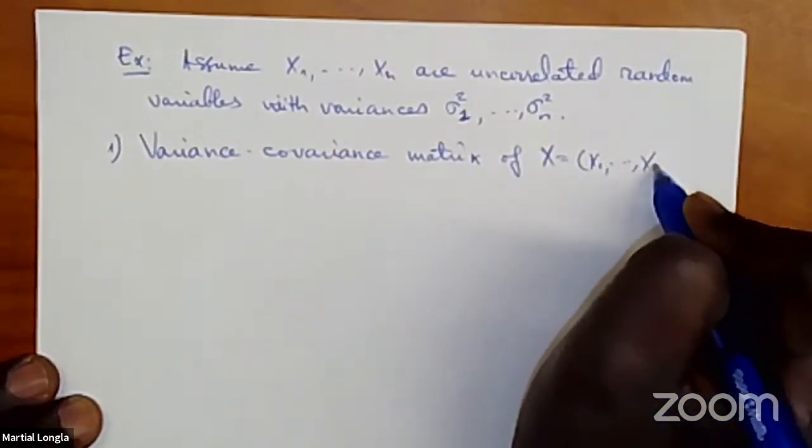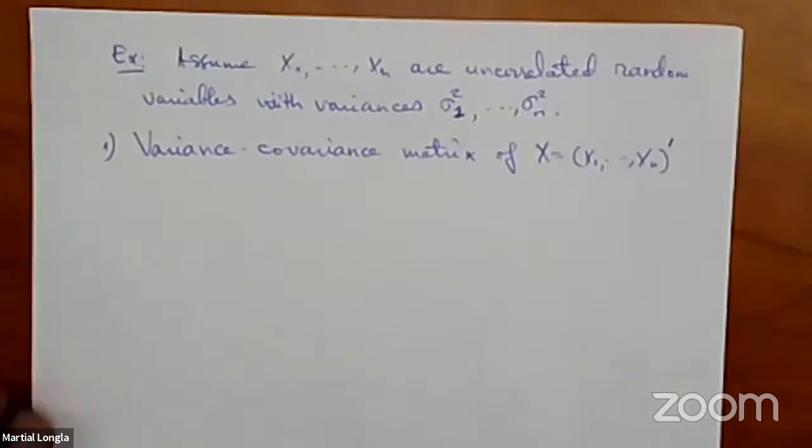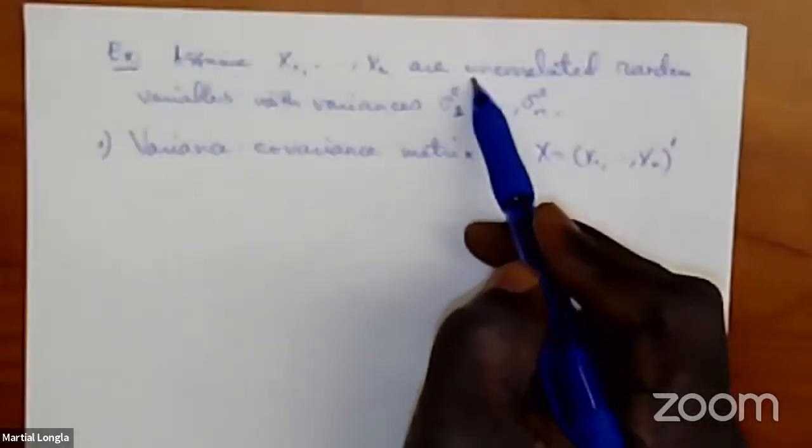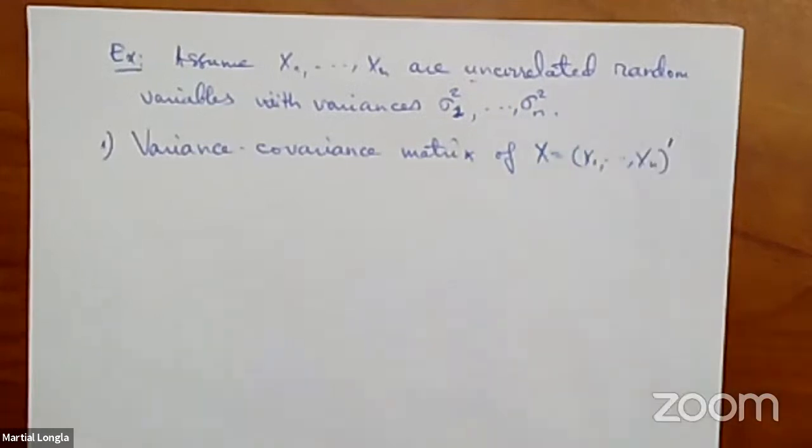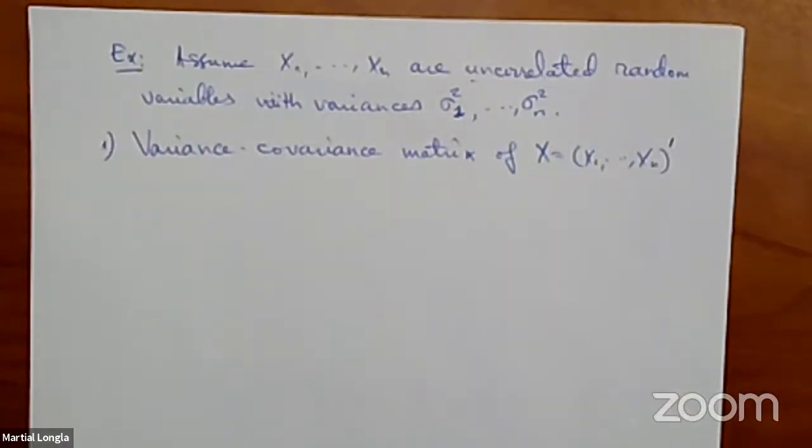If I ask you that as the first question, then you would say, okay, the text of the problem says that the random variables are uncorrelated. What does that mean? What does it mean that the random variables are uncorrelated? Right.